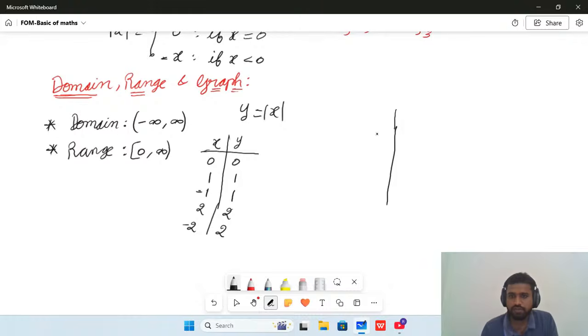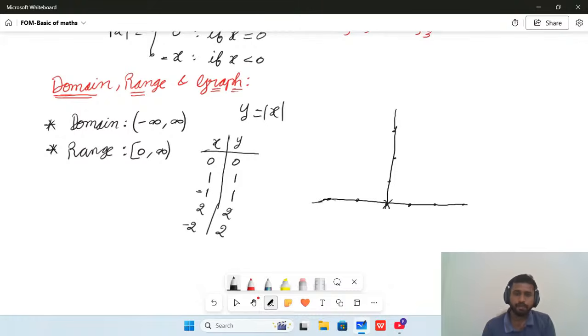So graph of the modulus function will be like this. Take x-axis and y-axis. On x-axis, take some points: 0 comma 0, then 1, 2 and 3, and here minus 1, minus 2 and minus 3 also. The first point is 0 comma 0.